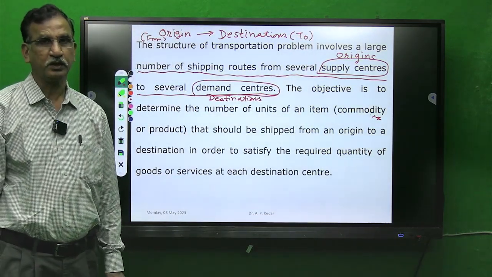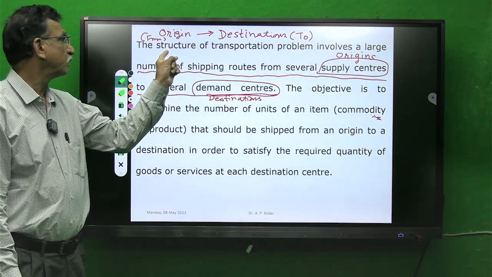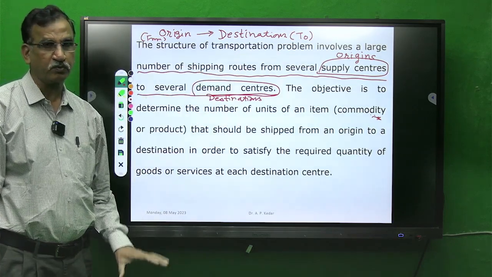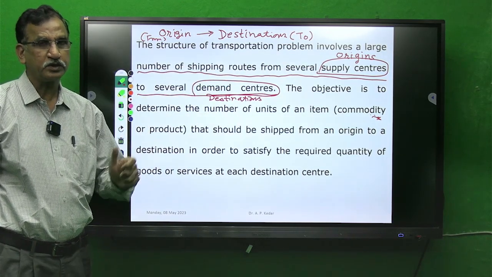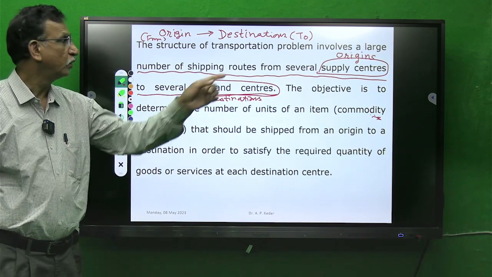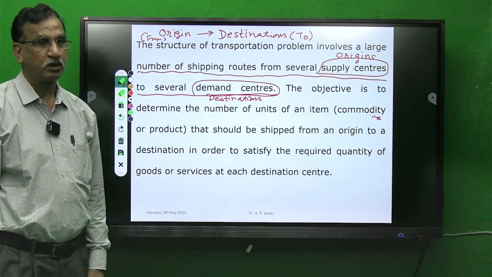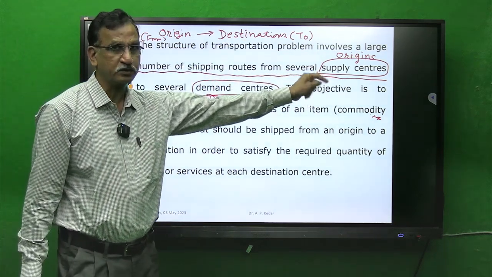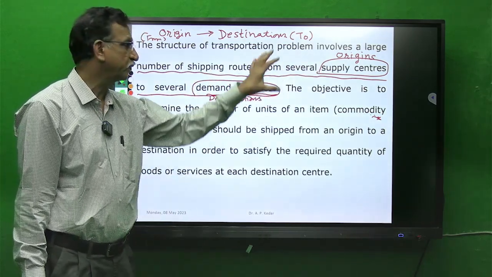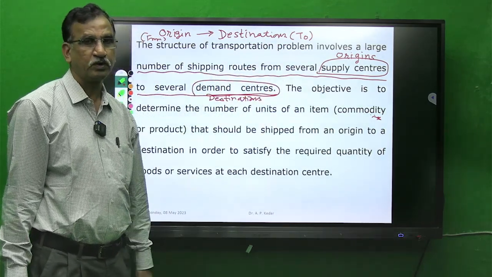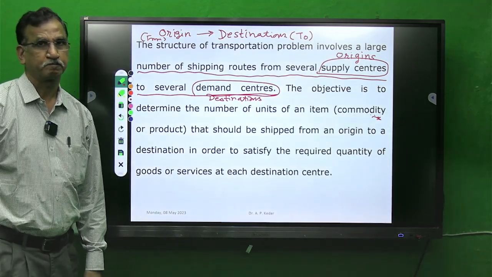So basically the structure of the transportation problem will be from origins to destinations. Origins are supply centers, destinations are demand centers. I will explain these again in detail with a numerical.